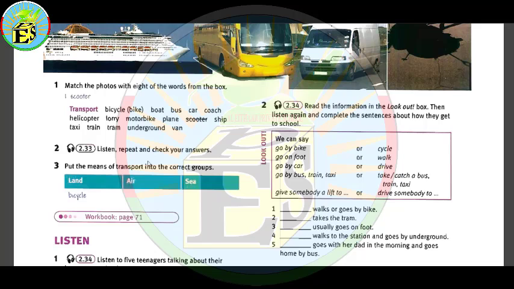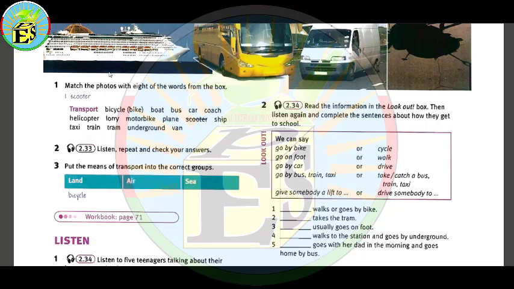Lorry, which is picture number 2, goes with the land group. And then we have motorbike, land. Plane goes with air. Scooter goes with land. Ship goes with sea.